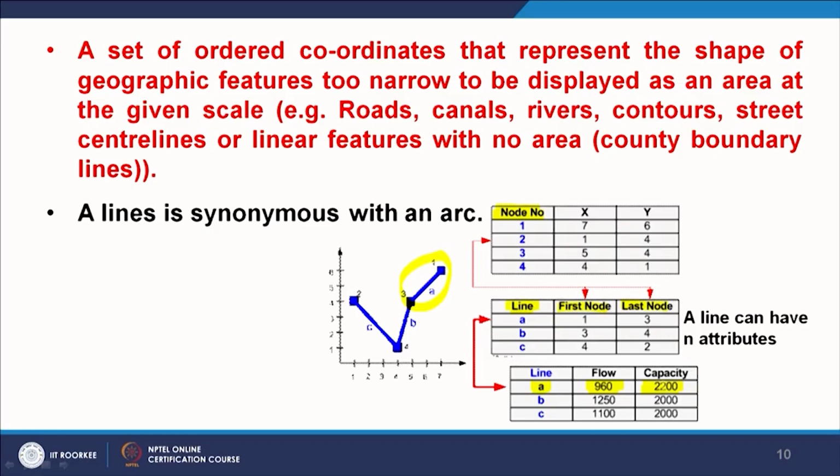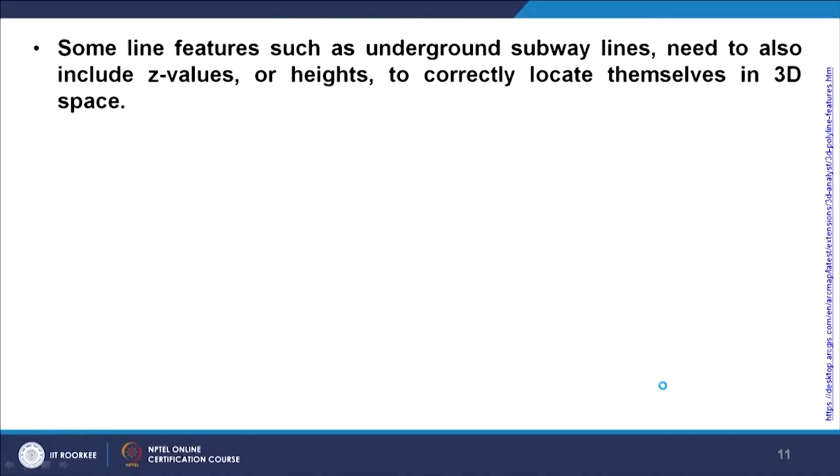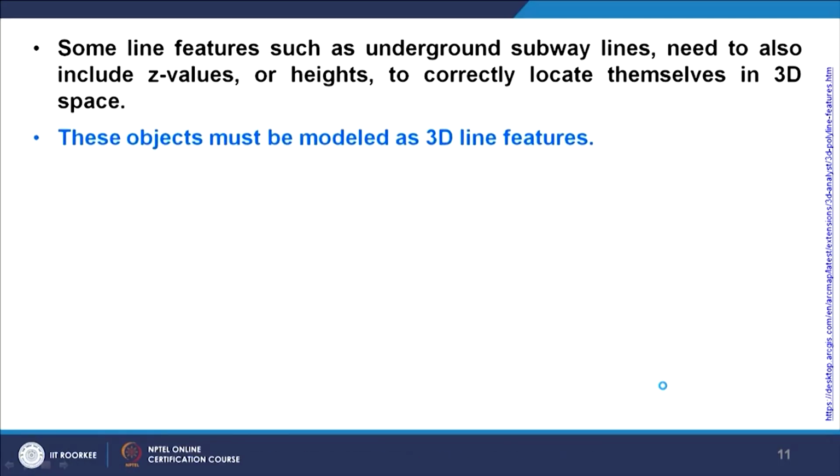Now, when GIS started, it started basically for underground networks, and still it is continuing, of course. So, for underground features, the same way information can be stored, except that the depth is stored instead of height. Some line features such as underground subway lines also need to include Z value or height to correctly locate themselves in 3D space.